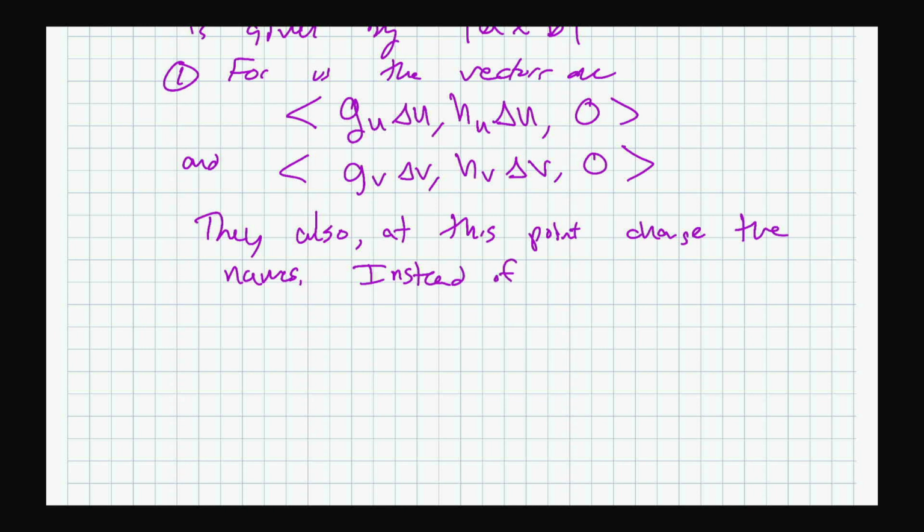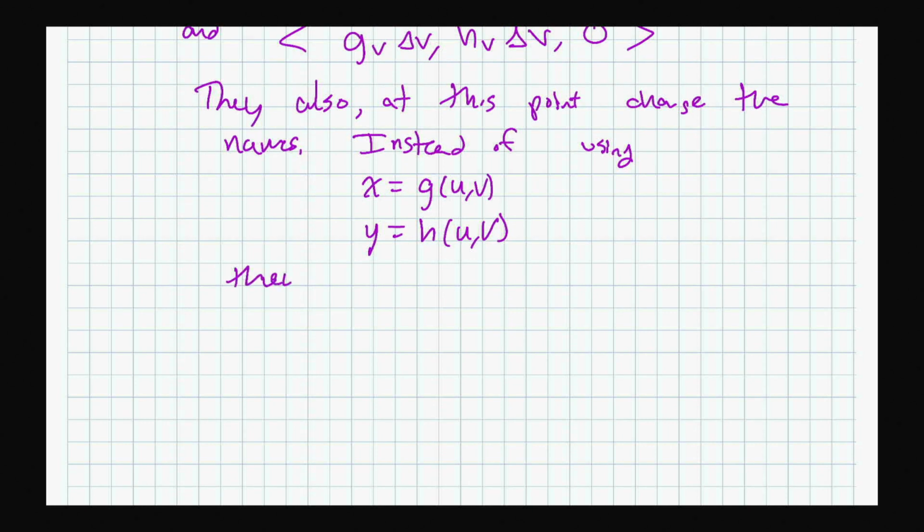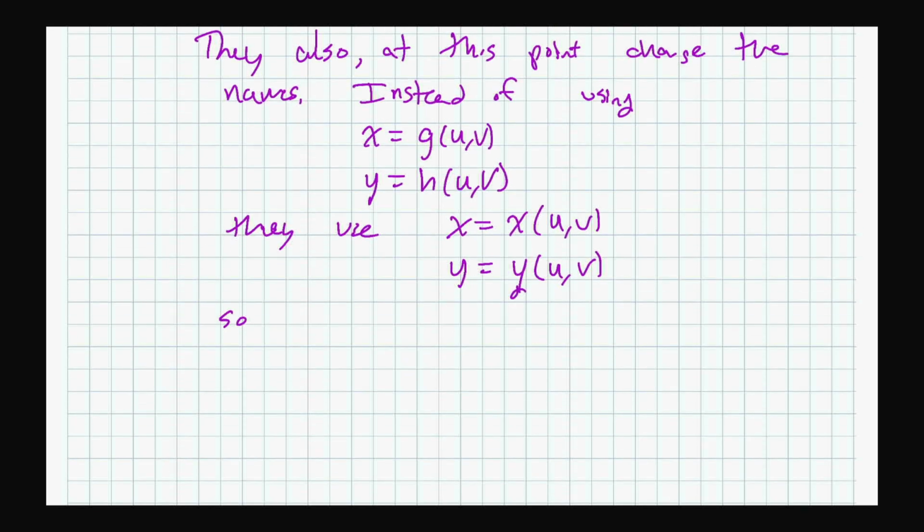So instead of using x equals g of uv, y equals h of uv, they just switch it to x equals x of uv and y equals y of uv. I mean, we can name them whatever we want, right? So why not use x for x and y for y instead of g and h? Okay, so we actually have to do this.